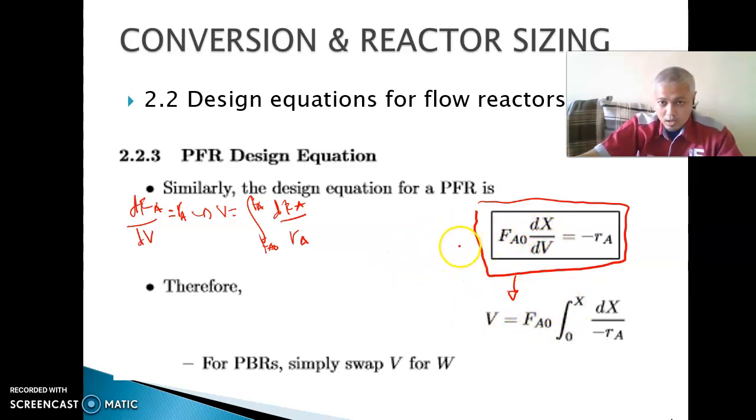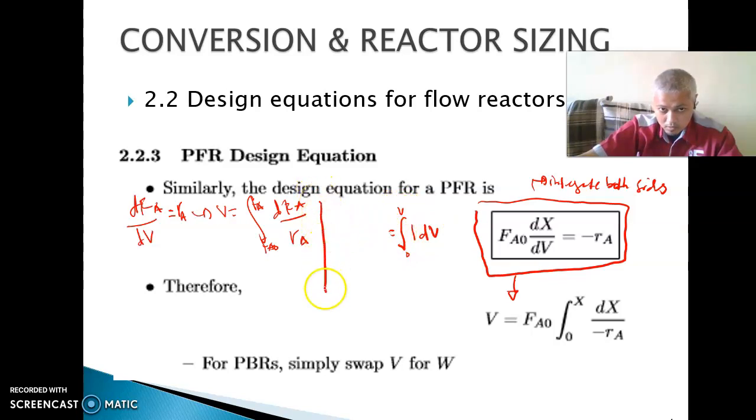So how to do this? We can bring V to one side, where if we rearrange this formula, it means we integrate both sides. What we will get is integration of 0 to V for volume, and here we will get Fa naught.